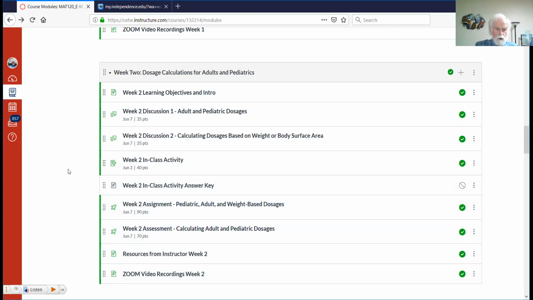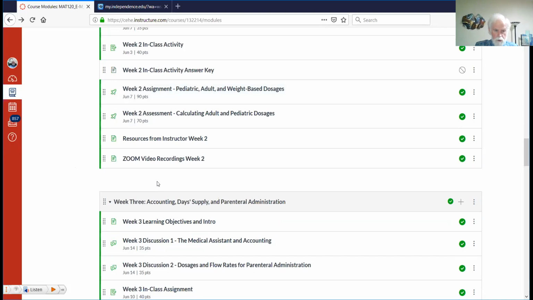And I'll probably do a little introduction to next week's major topics because we're going to start switching over. We're going to do some more dosage calculations of a more, I won't say complex, but a set of calculations that require some different considerations, which are flow rates for infusion of drugs.